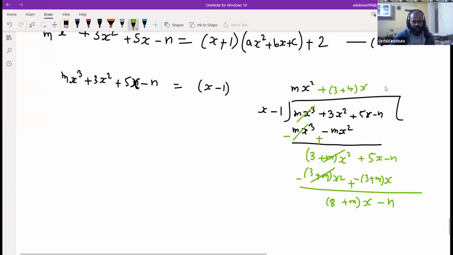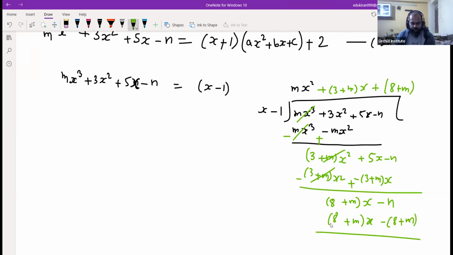Yes, sir. And then we have 8 plus m, so it will become 8 plus m into x minus 8 plus m. So on subtraction, this will cancel and you'll get 8 plus m minus n. So this will be the remainder, 8 plus m minus n.